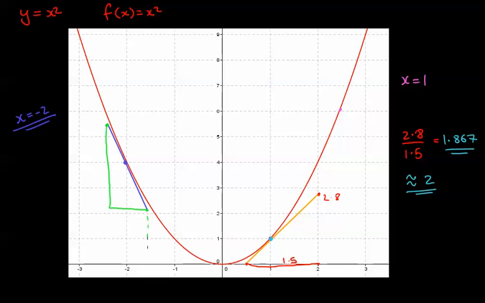This point, let's say that is 0.6. And this point here, I really wish I did this on graph paper, is minus 2.4.